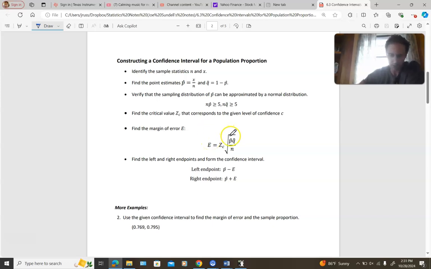And then you can see we're going to be using p hat and q hat, okay? So we're going to be using the actual statistics from the sample. We're taking the square root again. This p hat and q hat is the same thing as the standard deviation, okay? And then we're going to be multiplying that by the associated critical z-score.